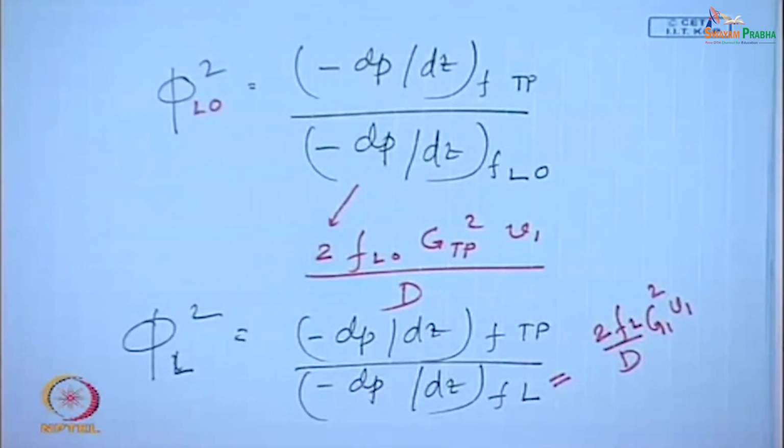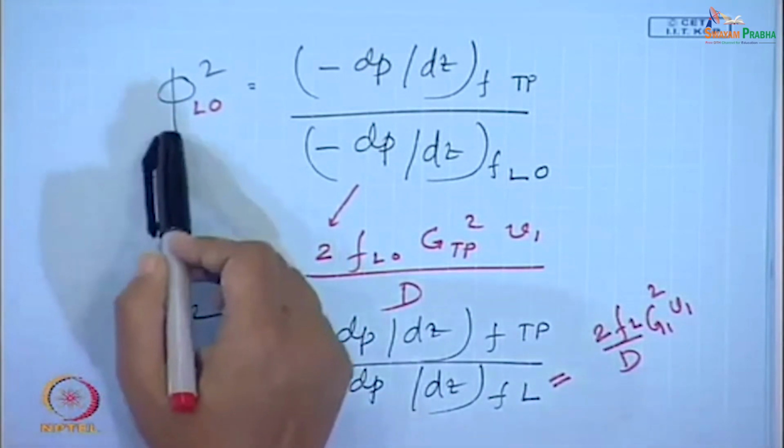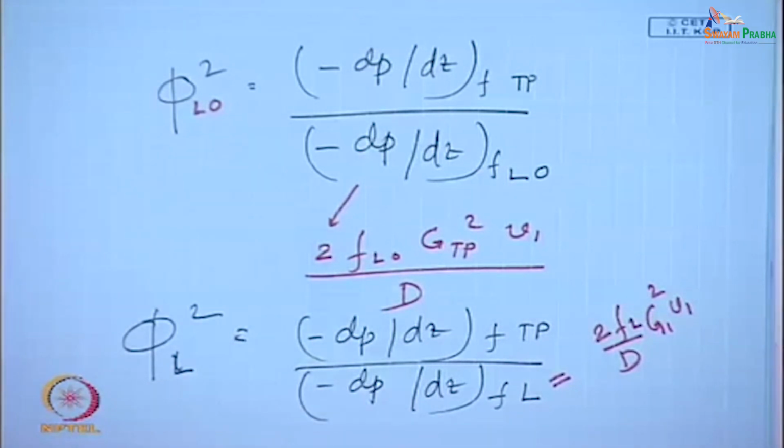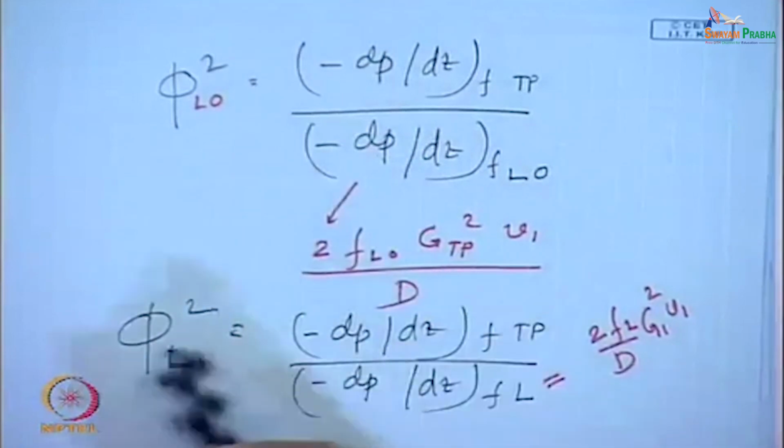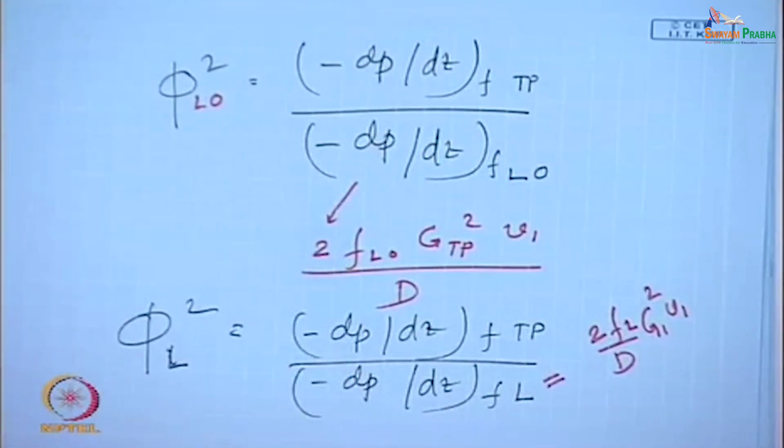Just note the difference between this and this and try to understand the correction factors that we have, or the two phase multipliers as they are called. These ratios are expressed in terms of two phase multipliers, or in other words, the multiplying factor to the single phase frictional pressure drop, which has to be multiplied such that we get the two phase frictional pressure gradient.